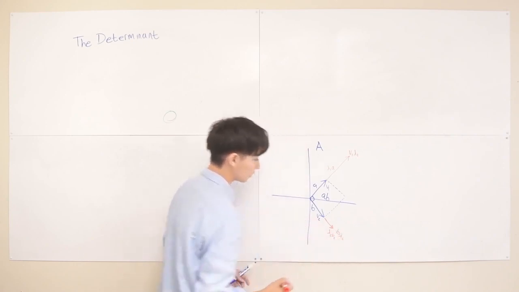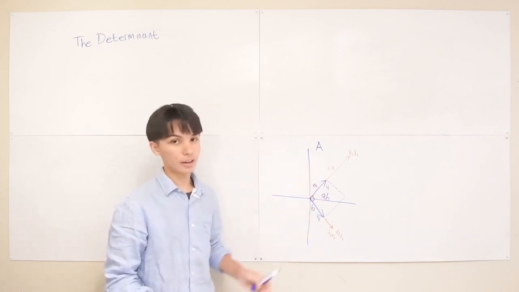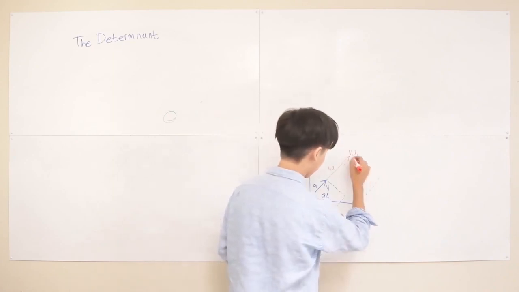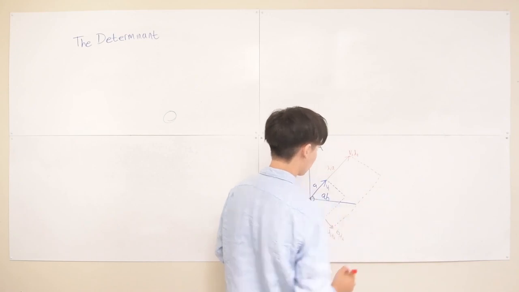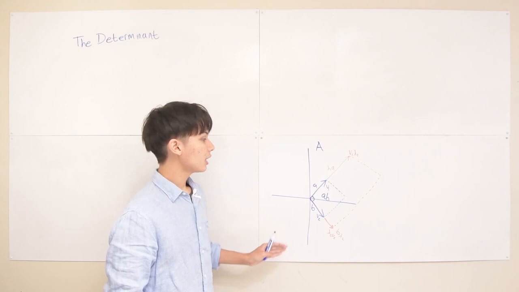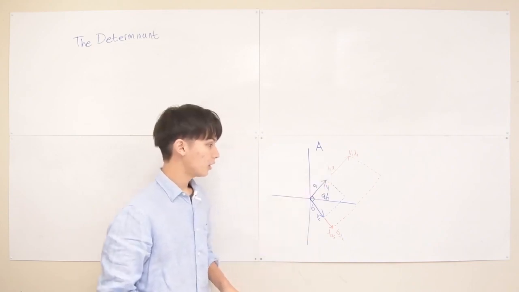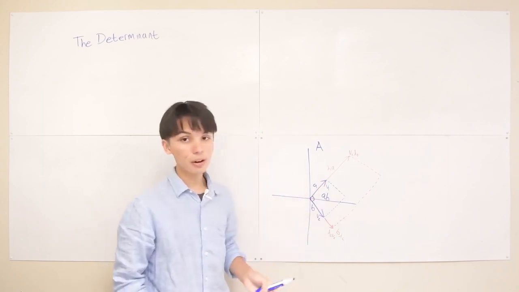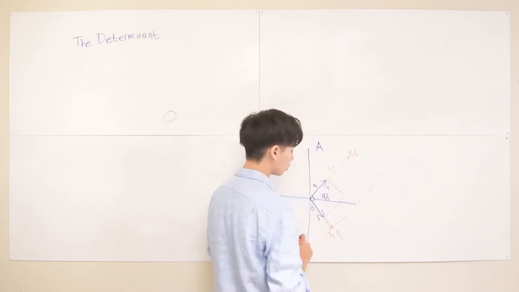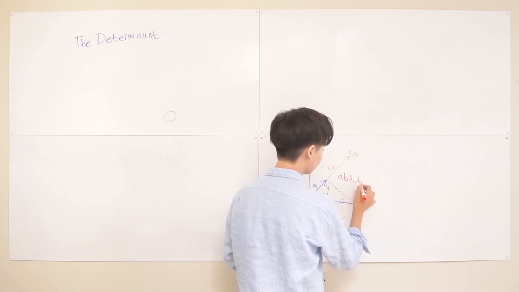Now let's look at the area of the parallelogram created by these two new vectors. The side lengths of this new one are lambda 1 A and lambda 2 B. So the area of this new parallelogram will be lambda 1 A times lambda 2 B, which is A, B, lambda 1, lambda 2.